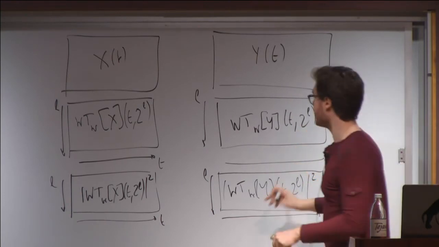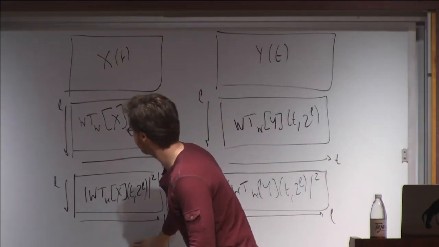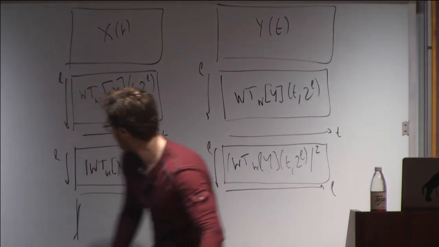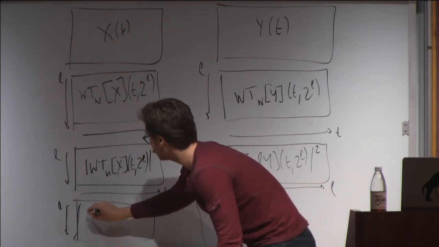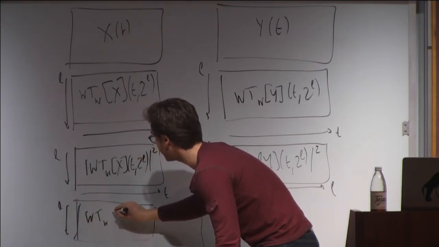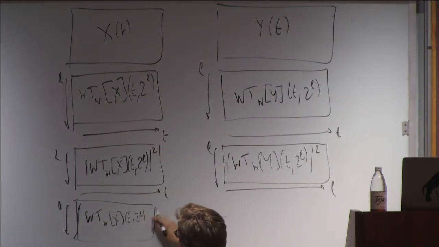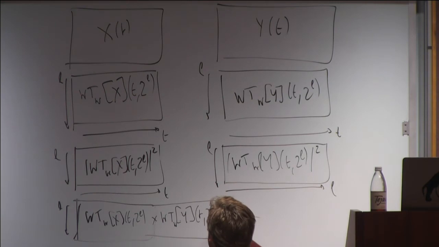Okay. Now, if I want to understand the relationship between x and y, one thing that I can do is what I have in that very last plot. I can now compute the wavelet transform of w with respect to w of x at t at the scale 2 to the power of L times the same thing for y. Okay? And then I can take each of these rows.